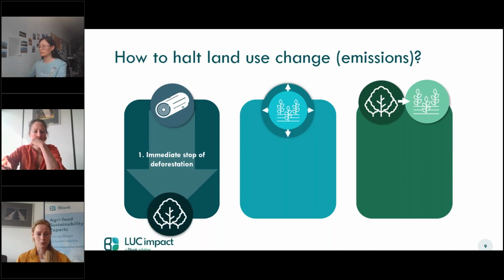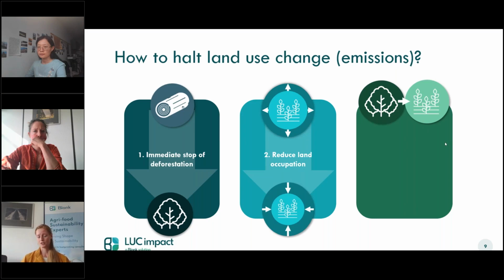Well, first we have to stop deforestation, which is going on. Deforestation, but also conversions of other ecosystems. So platforms like Global Forest Watch give a very good tool for this, to really incentivize action on a really local scale. Secondly, we have to reduce our land occupation.